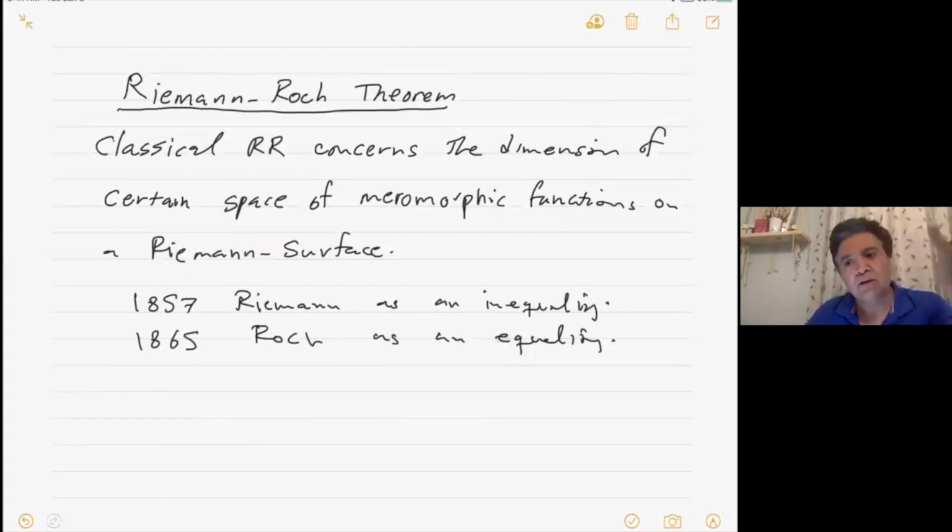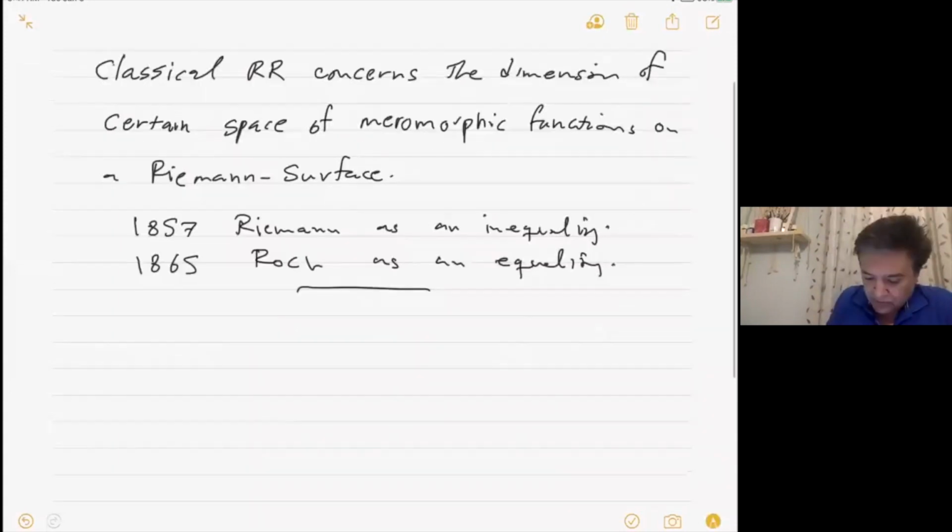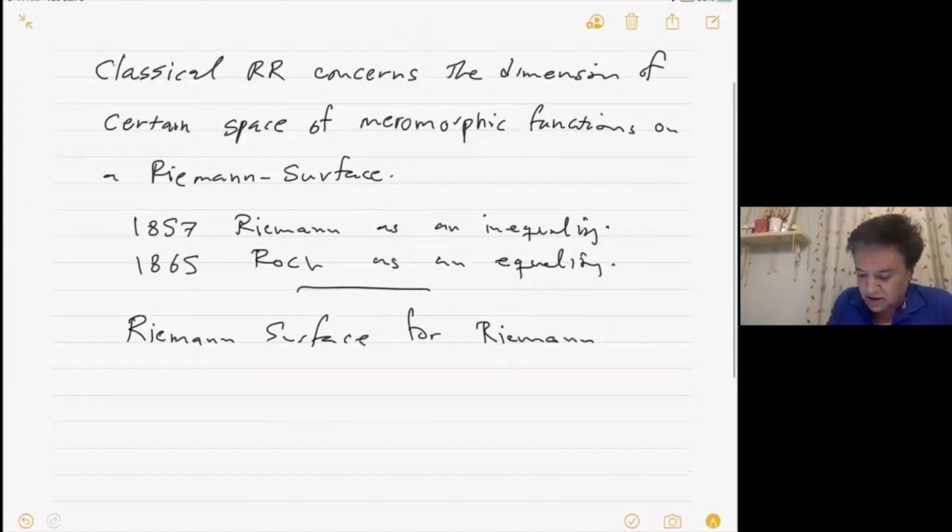But I would like to give you different versions of this proof because the Riemann surface can be viewed from many different points of view. A Riemann surface for Riemann was a finite branched cover of sphere.